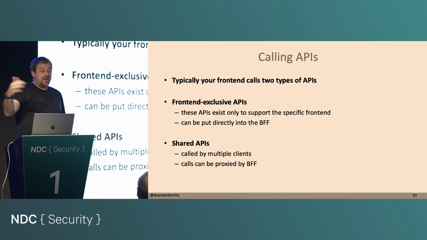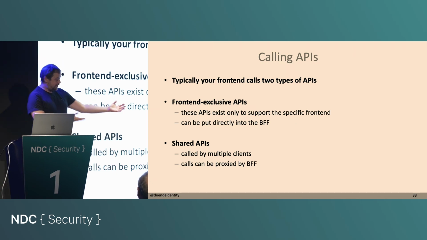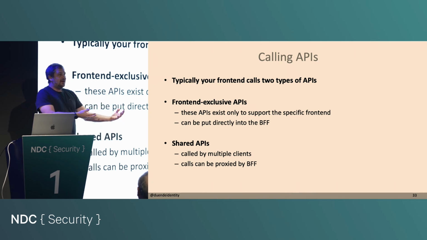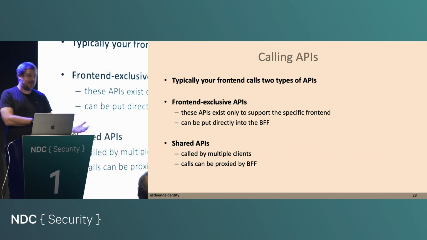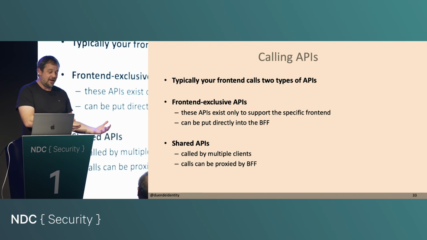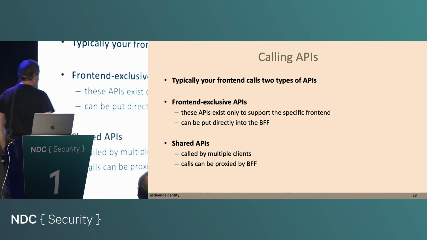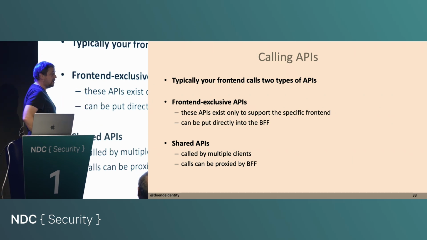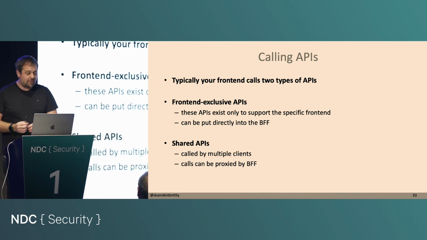So in other words, if you realize I'm only calling first-party, front-end, same site, same origin APIs, you don't need OAuth. There's no need for an access token here. You can put them directly into the backend, use the cookie to secure the communication, right? And that's exactly what we're doing with this to-do API here.